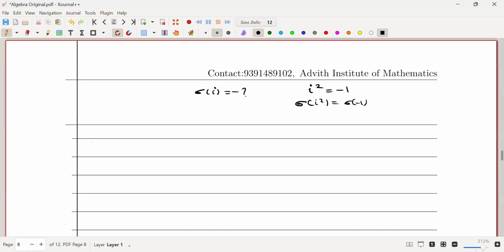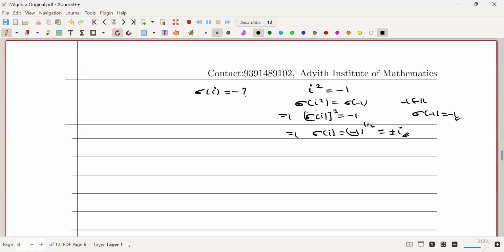Sigma is a homomorphism, so sigma of I whole square equals sigma of -1, and since -1 belongs to R, sigma of -1 equals -1. So sigma of I squared is equal to -1, which implies sigma of I is equal to (-1) to the power 1/2, which is nothing but plus or minus I. So sigma of I is equal to I, or sigma of I is equal to minus I.